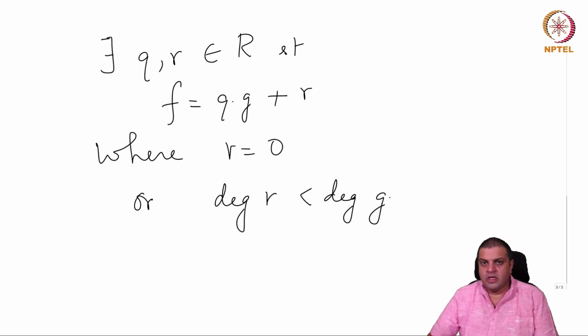But how do we see this? Because we would like to generalize such a statement to a larger number of variables and possibly a larger number of g's also. But how do we see this in this new language of term orders?